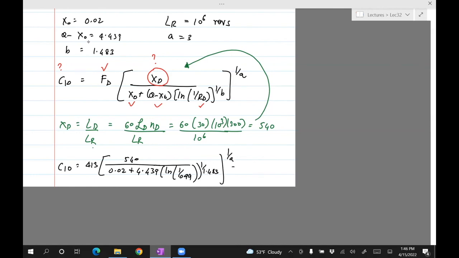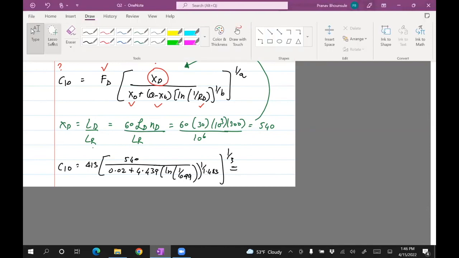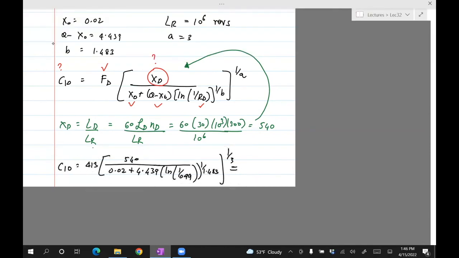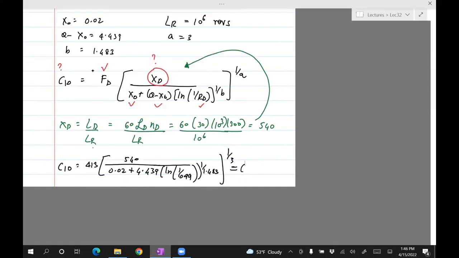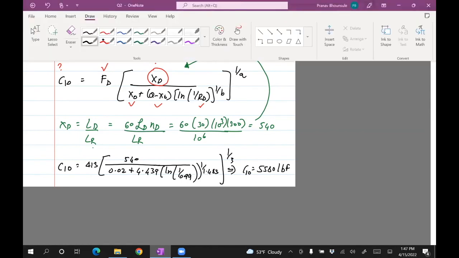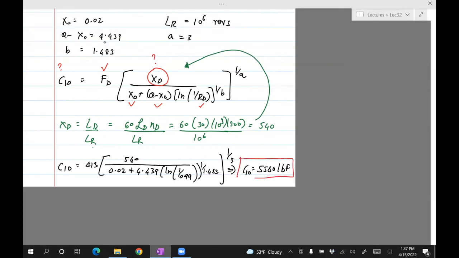Then all of that is raised to 1 over A. So if you do this calculation, sorry, A is 3, you get C10 equals 5580 lbf. Okay, C10 is 5580 lbf.